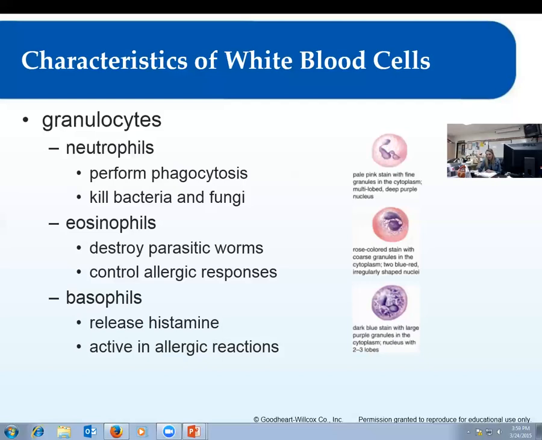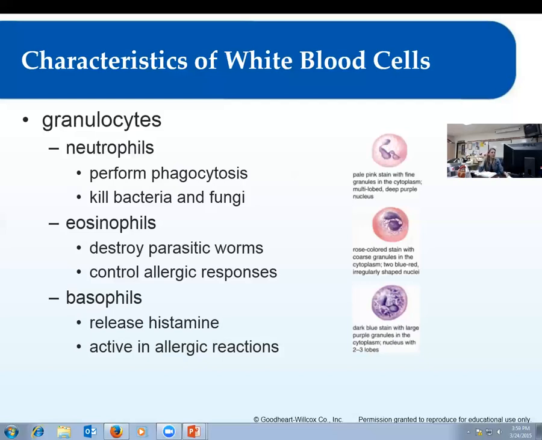They also liberate the anticoagulant heparin, which can be released in your blood to make your blood not clot. These are really active in allergic reactions. If you're allergic to peanuts, for example, these are going to start acting up.